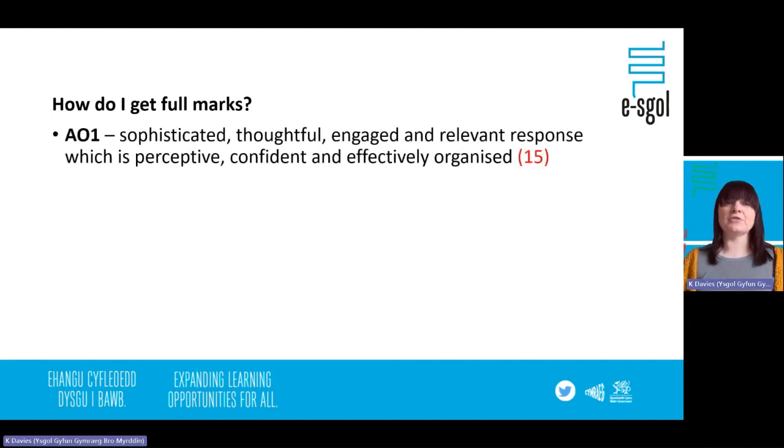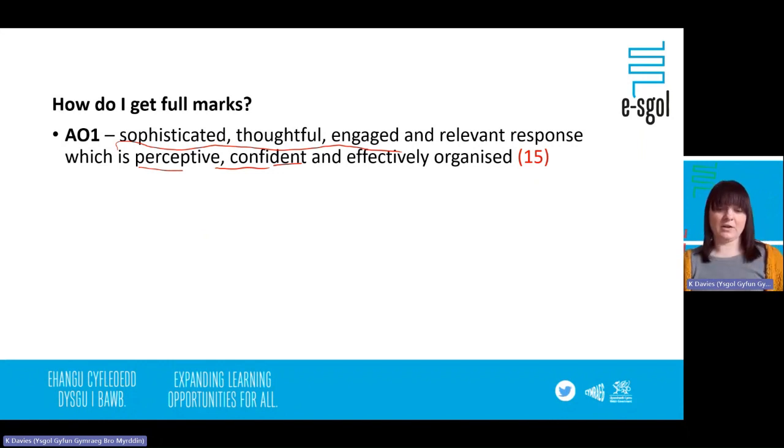So how do you get full marks? What you've got here are the band 5 descriptors. What do you need to do in order to access those? You need a response which is sophisticated, thoughtful and engaged. You've also got words such as perceptive and confident.